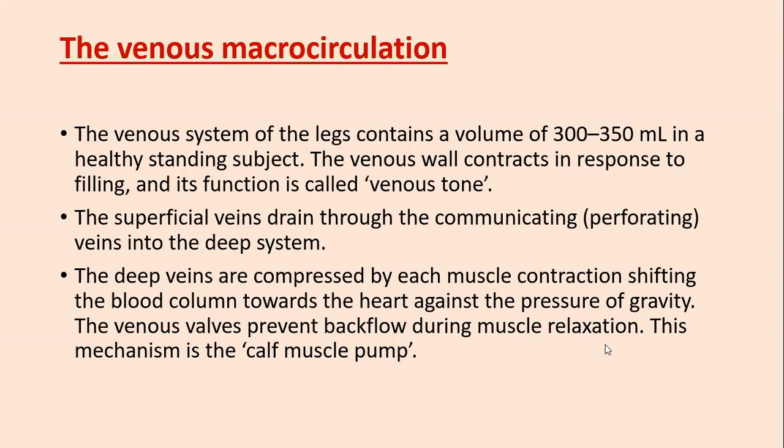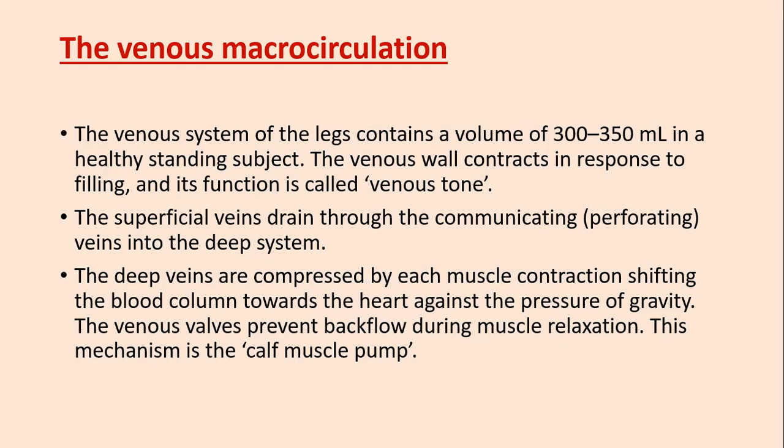The venous macrocirculation. The venous system of the leg contains a volume of 300 to 350 ml in a healthy standing subject. This is quite an amount. The venous wall contracts in response to the filling, and its function is called the venous tone. Superficial veins drain through the communicating or perforating veins to the deep system.